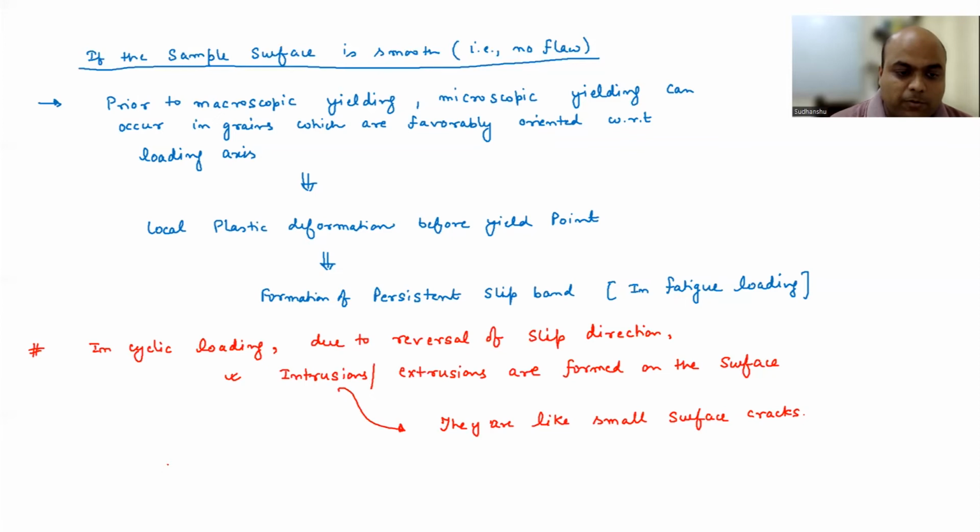Okay, so persistent slip band will have intrusion and extrusions. And if you further have more number of cycles, cracks are going to form or nucleate at these intrusions.